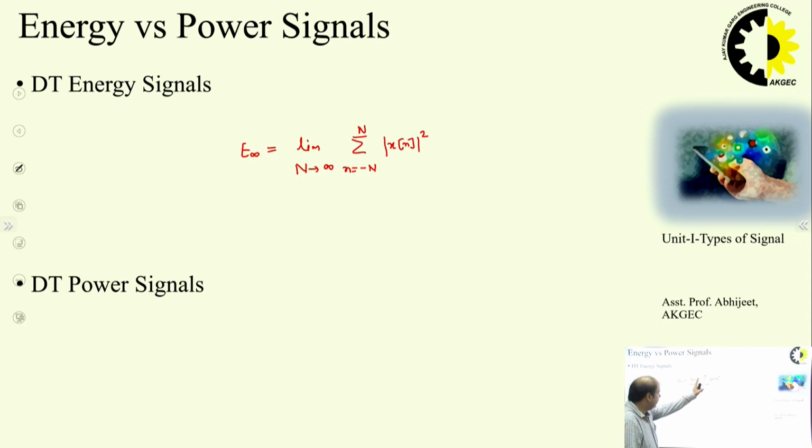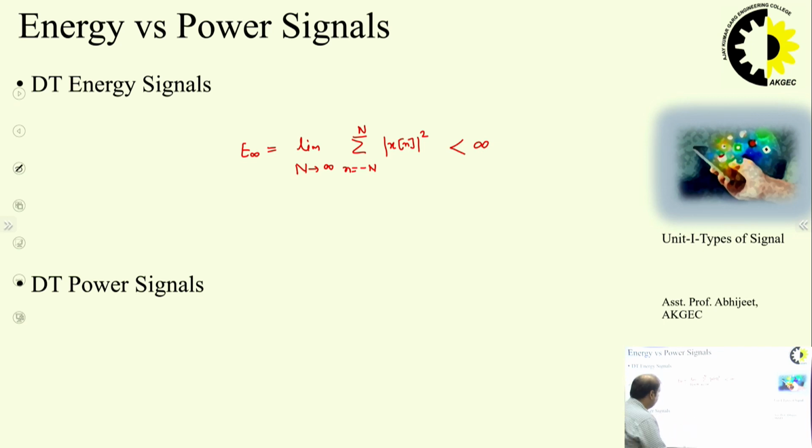This summation is finite in nature. We calculate the summation first and then put the limit of capital N tends to infinity, and then analyze whether this is finite or not. If this is finite, the signal is an energy signal. Otherwise, the energy is infinity, and we move to calculate the power.